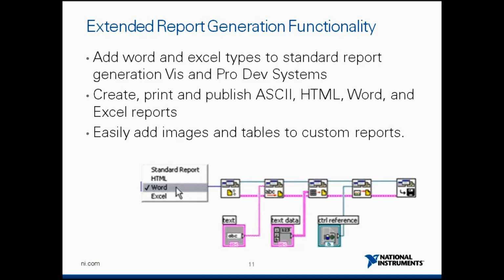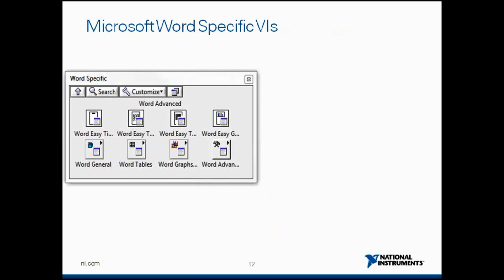These reports help you publish Word and Excel documents, easily add images to custom reports, and generate reports in Word and Excel format. All right, let's start by talking about the Microsoft Word specific VIs that we have. First are the high-level VIs. The high-level VIs start from Word Easy Graph, where you just need to input, say, a particular X and Y values, and automatically a graph is created in Microsoft Word.